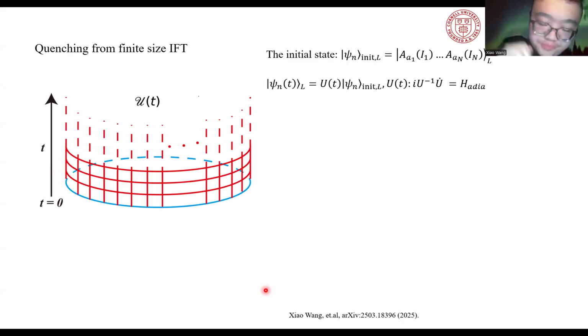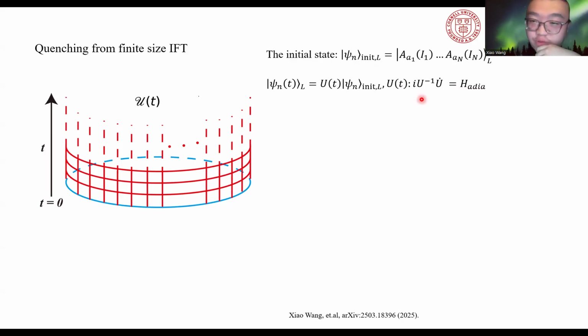The initial state is given by n-particle eigenstates of such an integrable quantum field theory, and we consider a temporal unitary transformation which connects the instantaneous eigenstates at time t to the initial state we consider. So we can generally write down this time evolution.